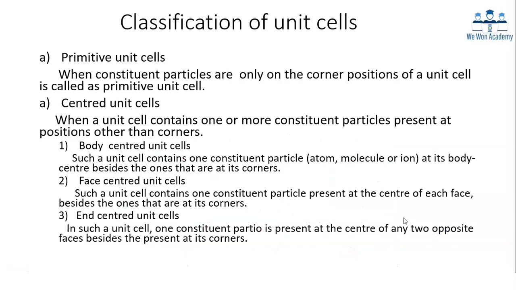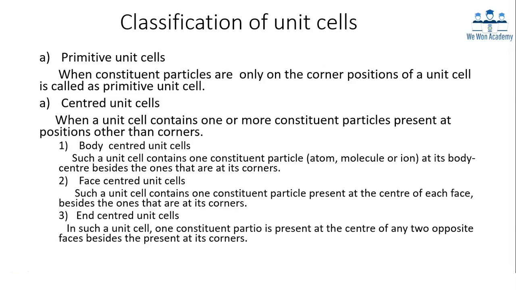Now we will study the classification of unit cells. In this we have two types, primitive unit cell and centered unit cell. In the primitive unit cell, the constituent particles are present only at the corners. But in the centered unit cell, the constituent particles are present at the corners, plus they are also present inside or elsewhere in the unit cell.